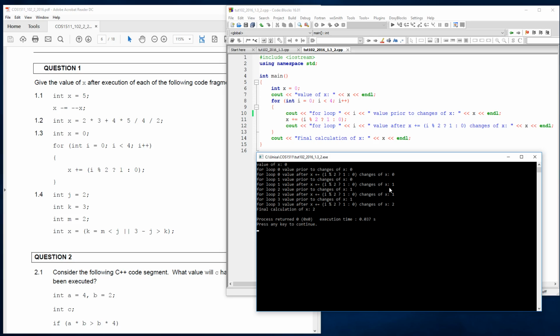Then the second one says 2 divided by 2, and 2 divided by 2 will give you 1, and there's no remainder. So that gives us a value of 0, so you can see x doesn't increment. And then for the third and final loop, 3 divided by 2 does give a remainder.